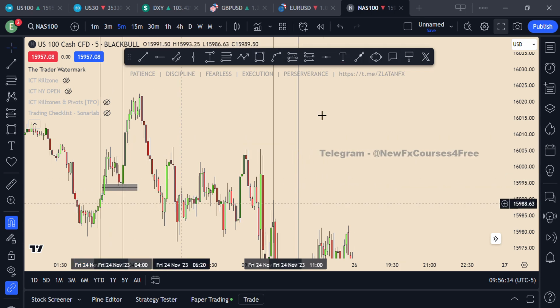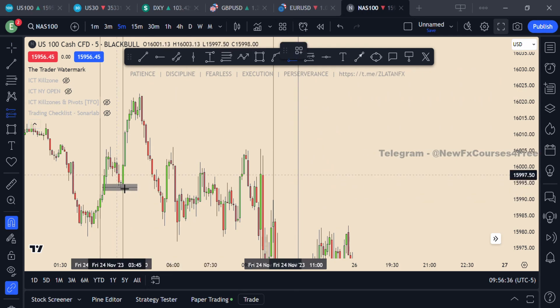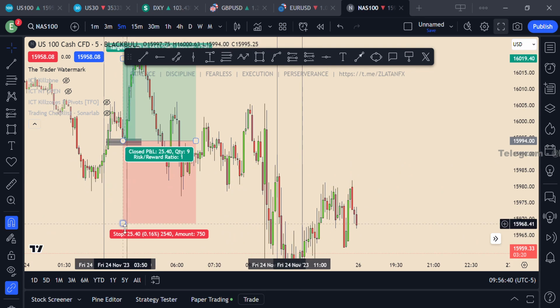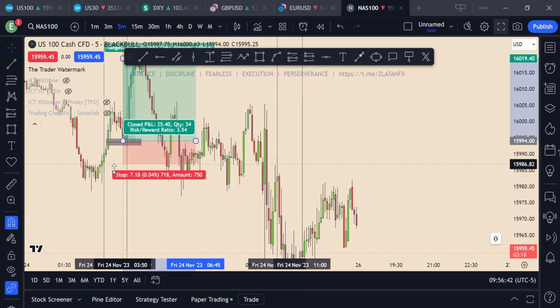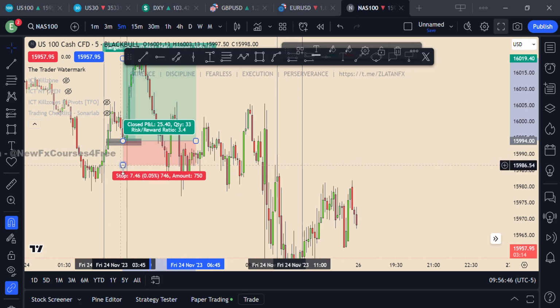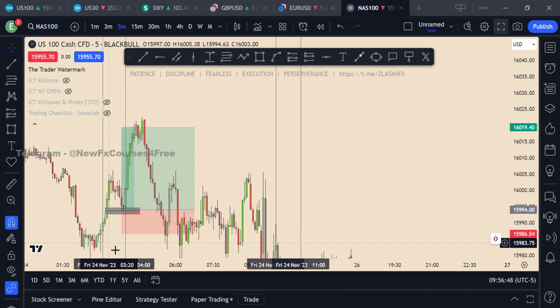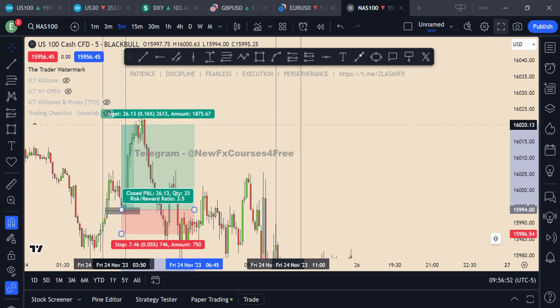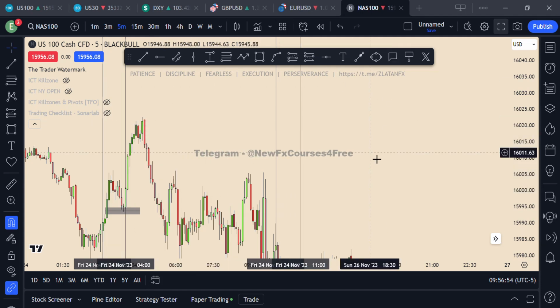So this would have been your entry right here, and you want to use this low, or you could use this low and trust it. But then I will always say, give your stop loss a breathing space, and that's it for a 3R. That's your silver bullet. That's it.